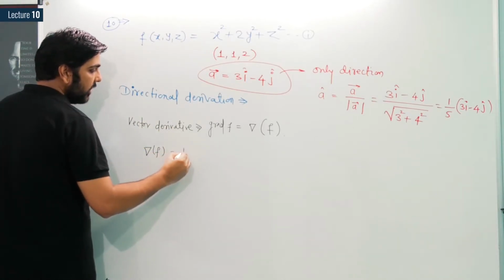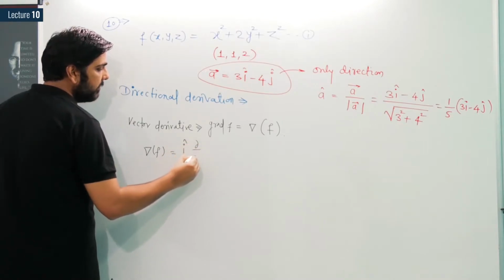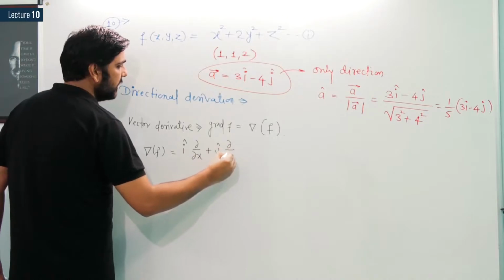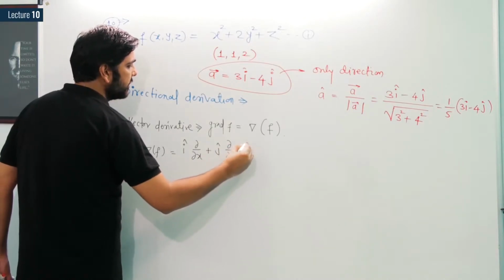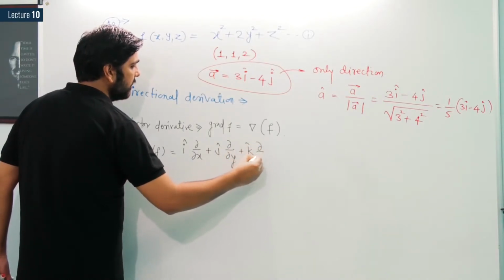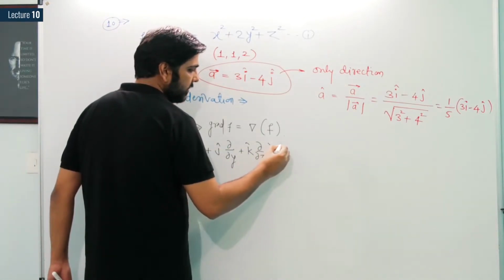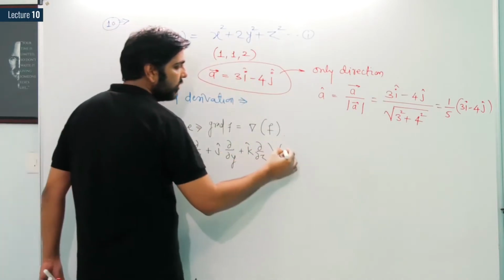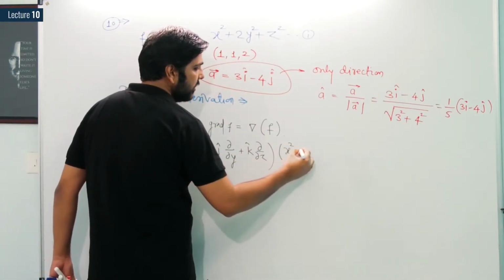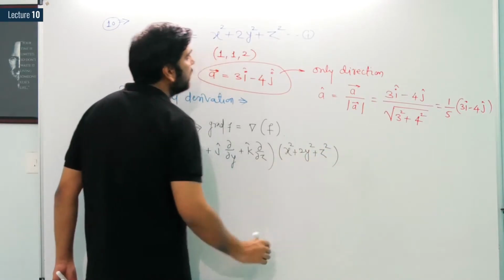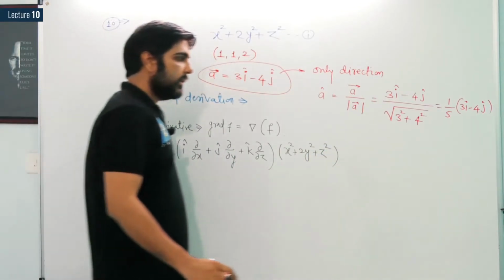So I am having i del by del x plus j del by del y plus k del by del z. Fine. And the function is x square plus 2y square plus z square.